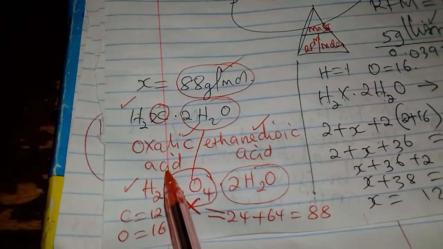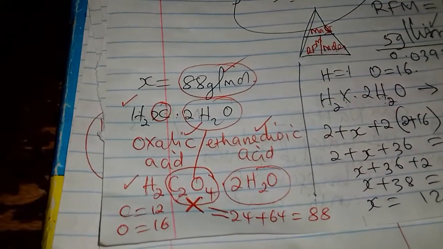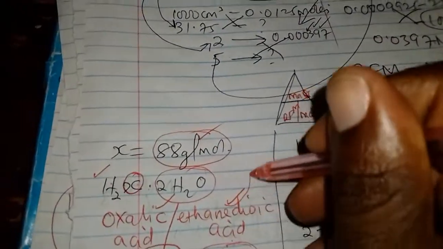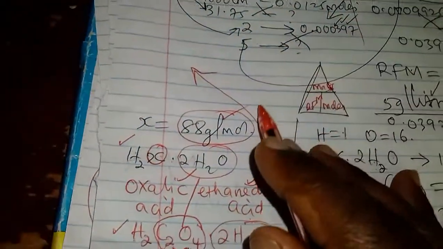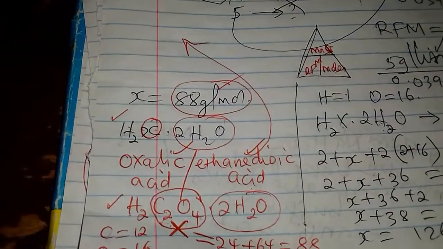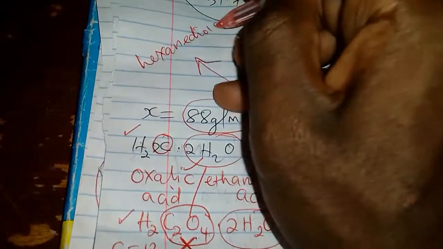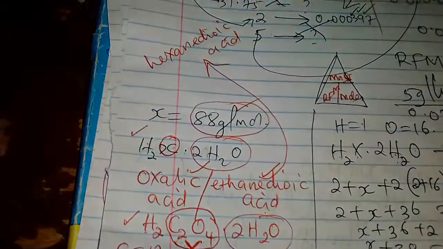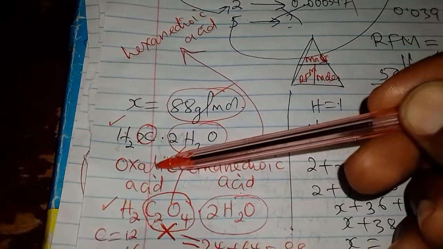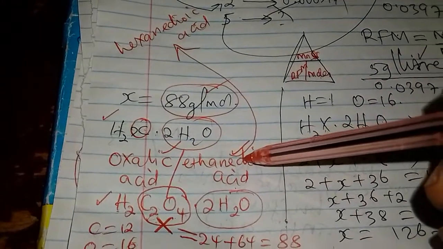So oxalic acid or ethanedioic acid. Remember this: if ethanedioic acid is not present, in most cases, as far as redox titration is concerned, the alternative is hexanedioic acid. So oxalic acid is also called ethanedioic acid.